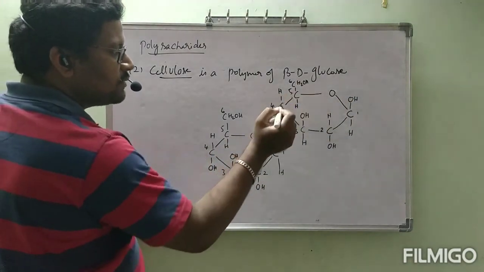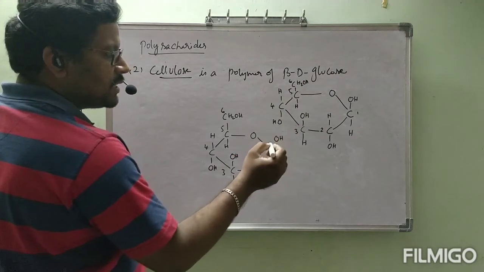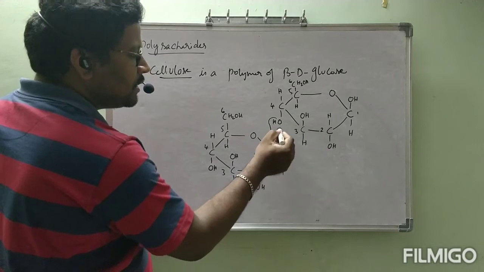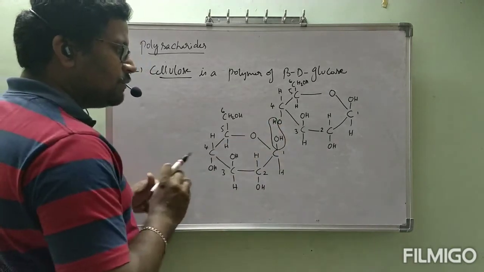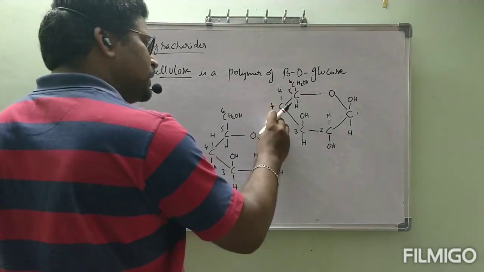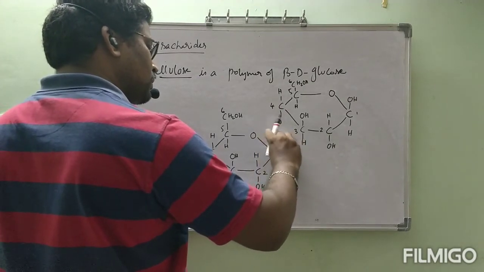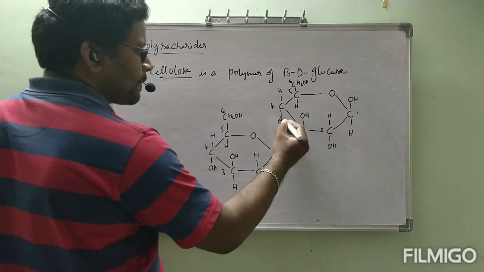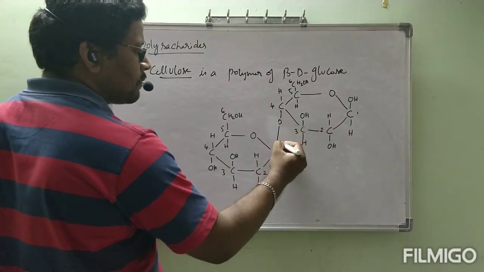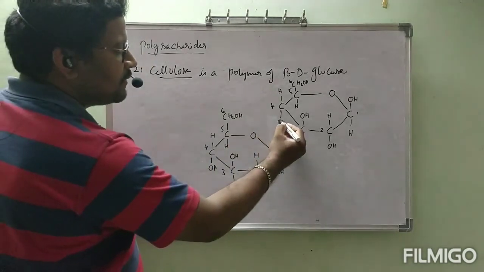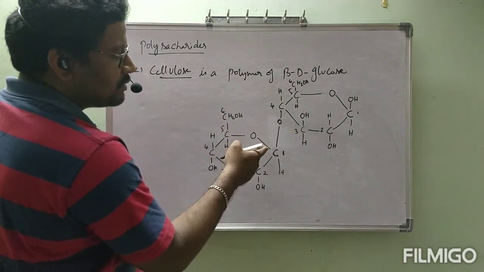C4 of one beta-D glucose and C1 of another beta-D glucose: H and OH will be lost as water. Then we get the glycosidic linkage between C4 and C1.